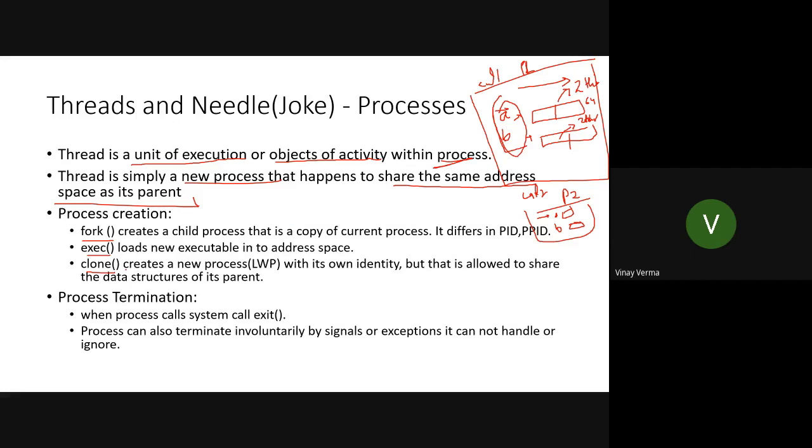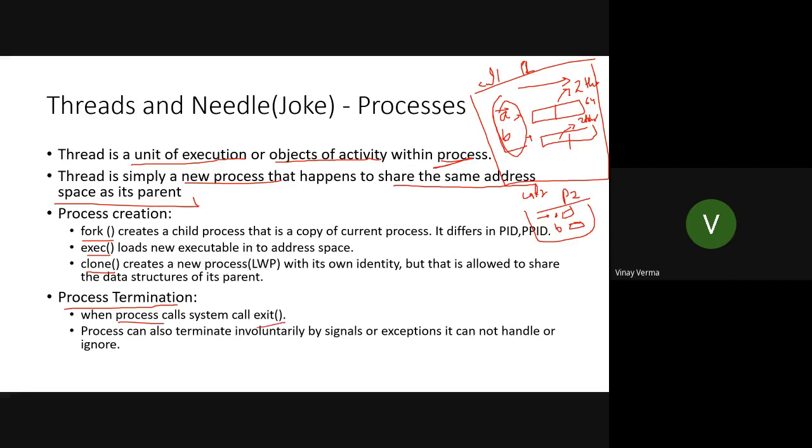So one calculator is running, we run a new calculator. So two calculators are running. So it can be called cloning of a process. Then process termination. Every process ends when the system calls exit.